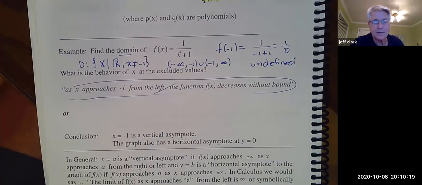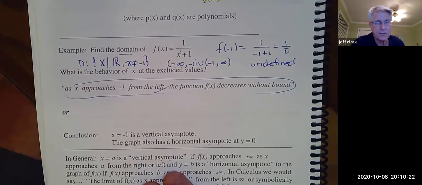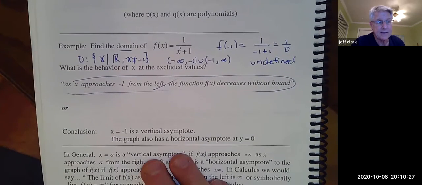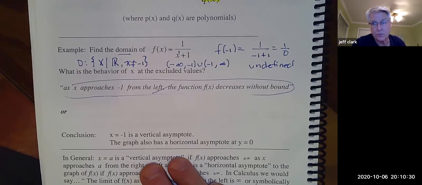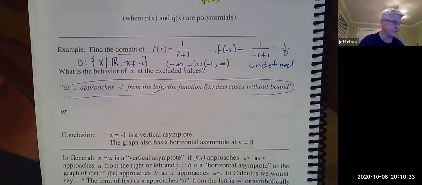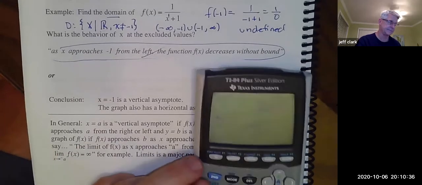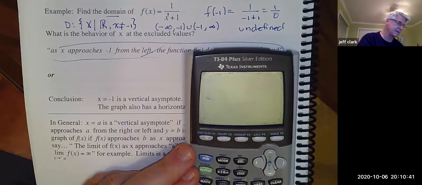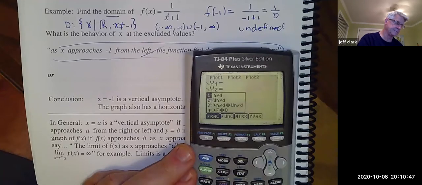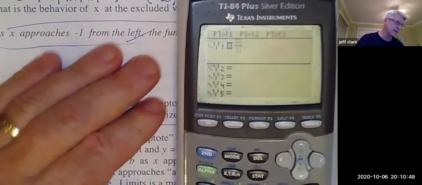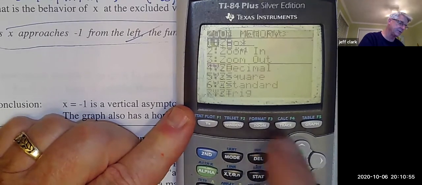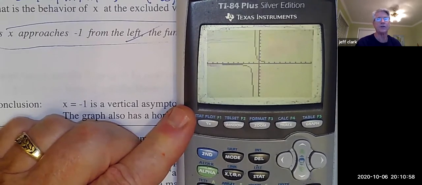On the picture, the thing that you can't use, which is -1, turns out to be a very obvious issue in the graph. I'll show you with the graphing calculator. When I put this equation in, that was 1 over x plus 1, and I do zoom standard, as you can see, there's a gap.